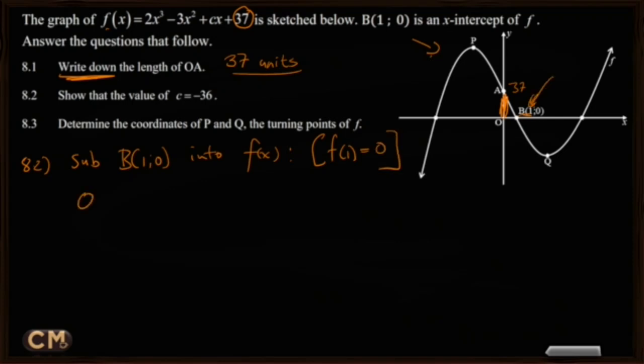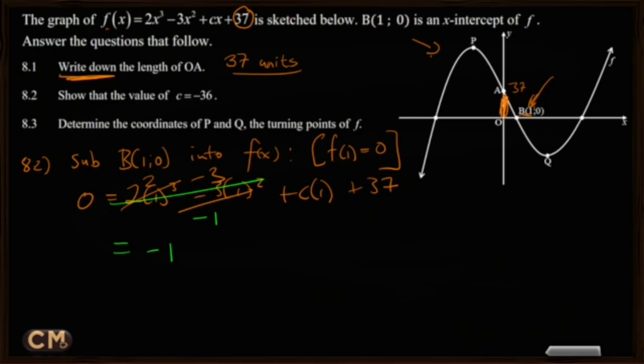So we'll have 0 being equal to 2 times 1 all cubed minus 3 times 1 all squared plus c times 1 plus 37. Well, if we clean all this up, that's just going to be 2, that's just going to be minus 3, all of that is minus 1.